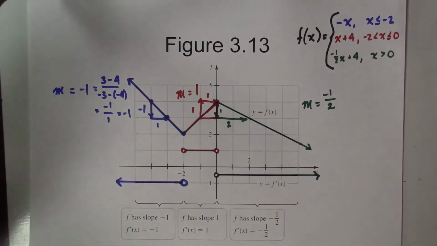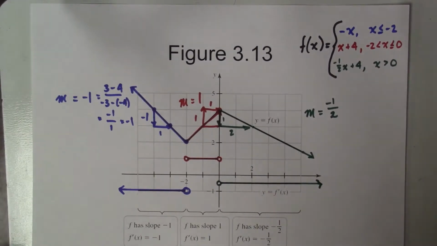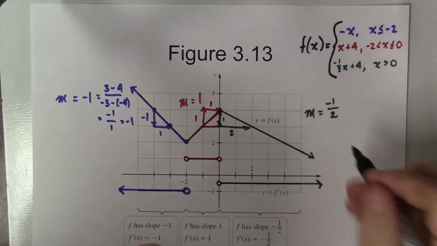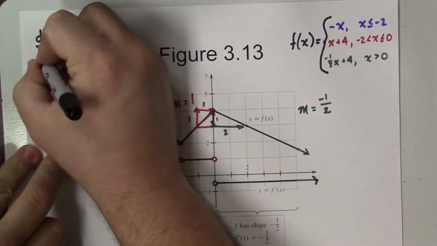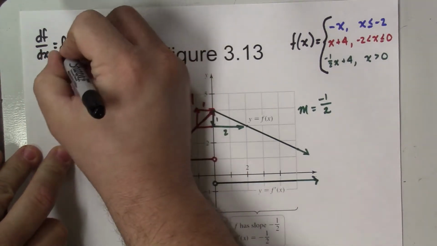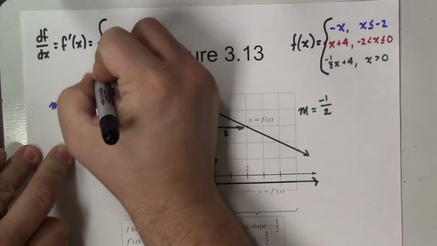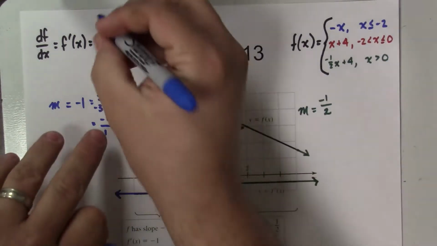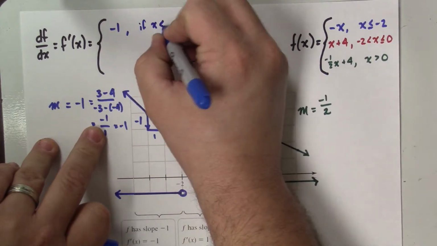And we made a big point about, hey, look, the derivative is just a function based on the original function. So what I can now do is say, the derivative of f with respect to x, or f prime of x, is the function -1 if x is less than -2.